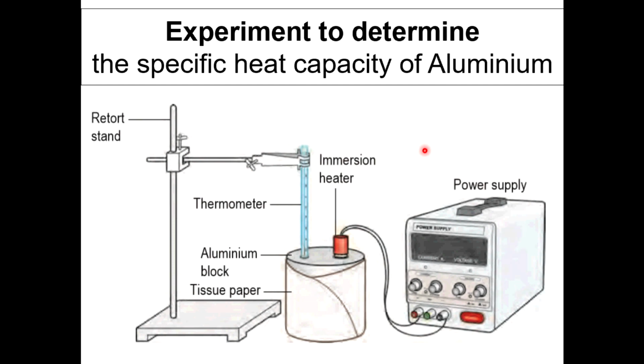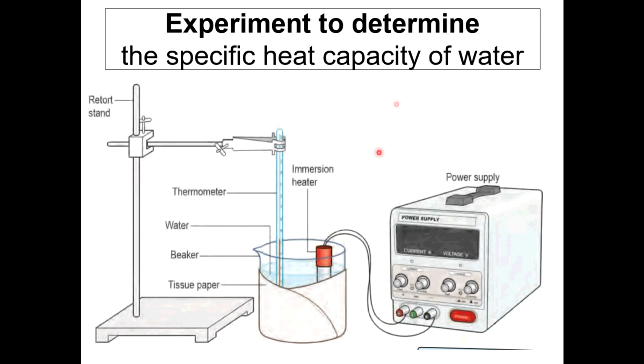The apparatus that we use are nearly the same, except that for aluminium, we use an aluminium block wrapped with tissue paper, and for water, we add water in a beaker and wrap it with tissue paper.